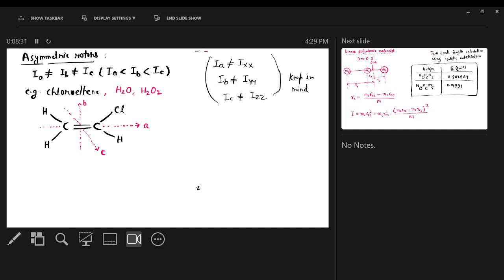The example of this case is chloroethene. Along all directions, you will have a different moment of inertia, because see here we have hydrogen, here we have chlorine. So along the B axis, C axis, A axis, we will have different moments of inertia. And this comes under the category of asymmetric rotors. Similarly, you can consider the water molecule.